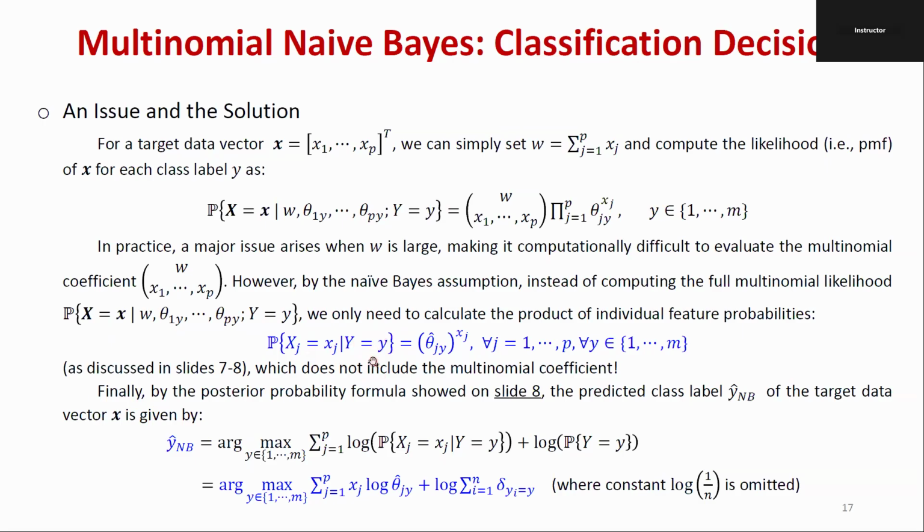This is going to be much, much easier. Why? Because I only care about this specific feature j. Who cares about all other features? According to the naive Bayes assumption, they're all mutually independent, and hence when considering feature j, I can ignore all other features and directly get this result.